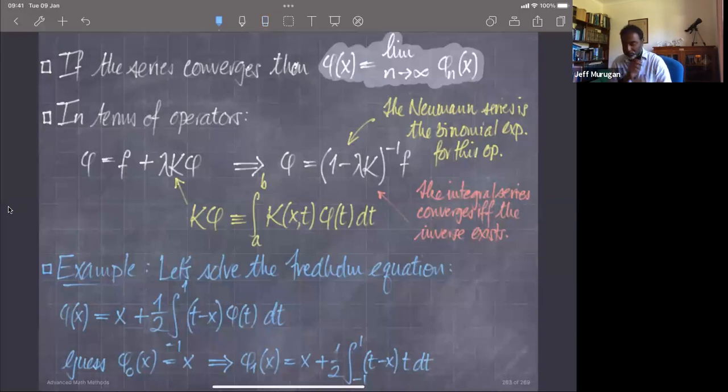I can certainly do that integral. Remember, x is fixed in this case, and this is x plus 1/2 of 1/3 t cubed minus 1/2 t squared x, and I have to evaluate that from -1 to 1, and that is just x plus 1/3.